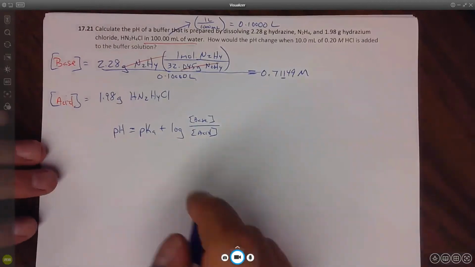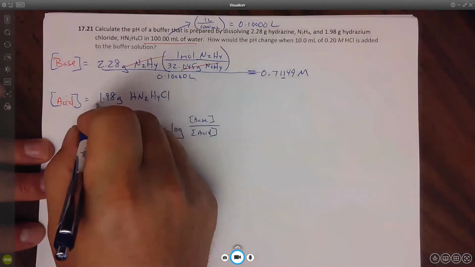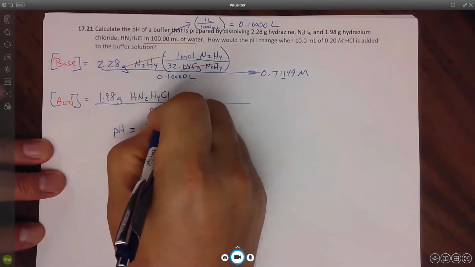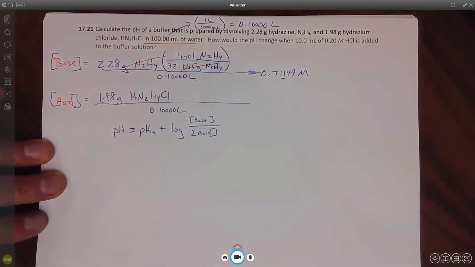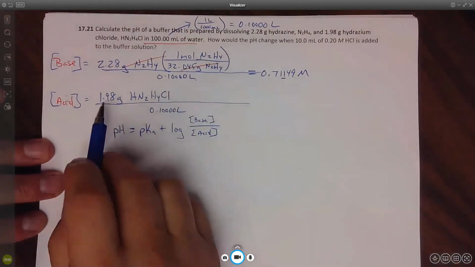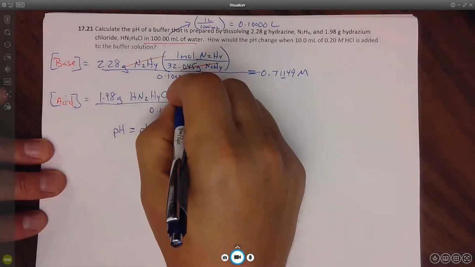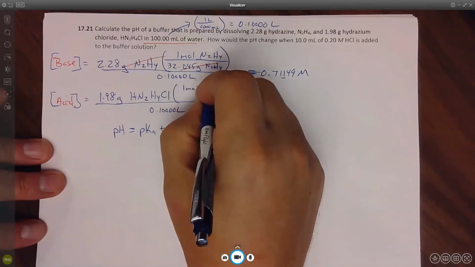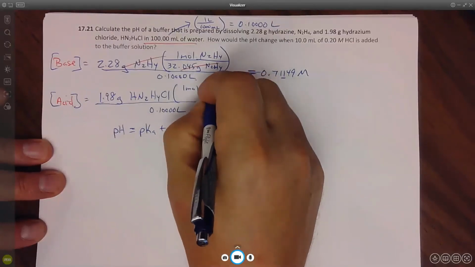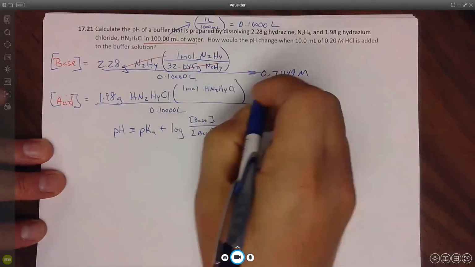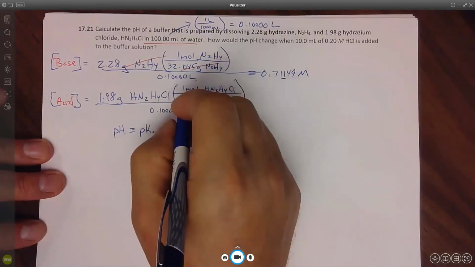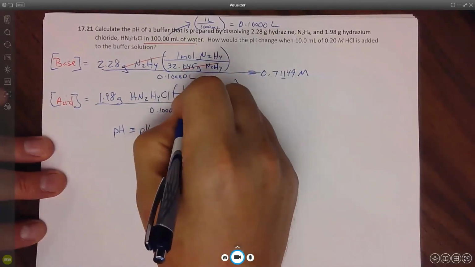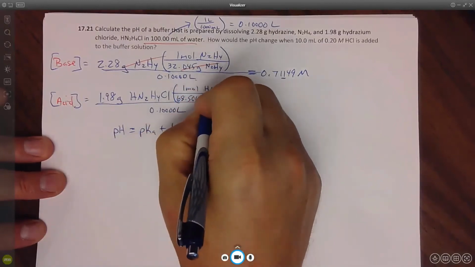Okay, now we're going to do the same thing for our acid. Again, it's in that 100 milliliters, and we're going to divide this by its molar mass. In 1 mole of hydrazinium chloride, there is 68.506 grams.